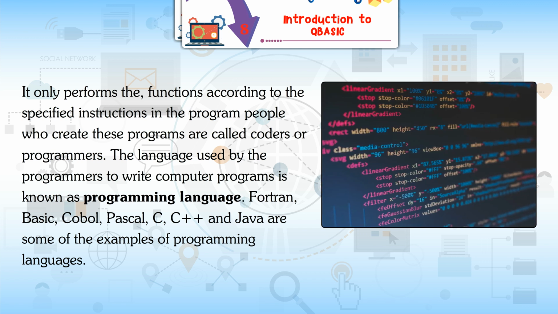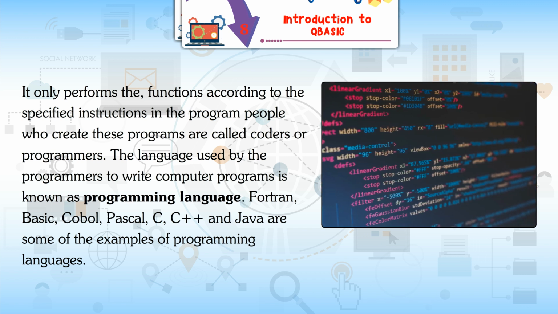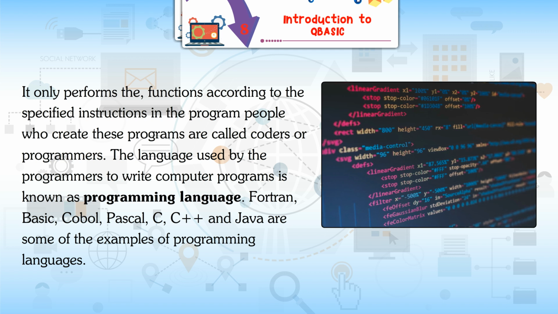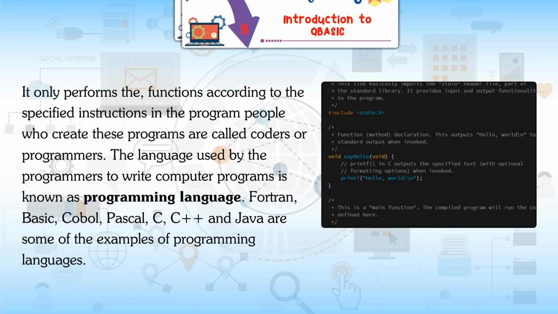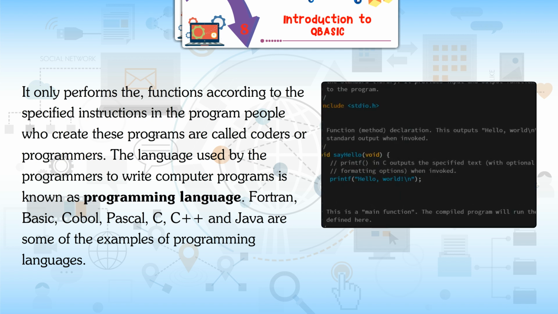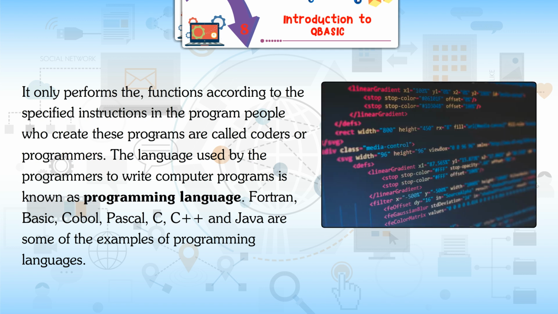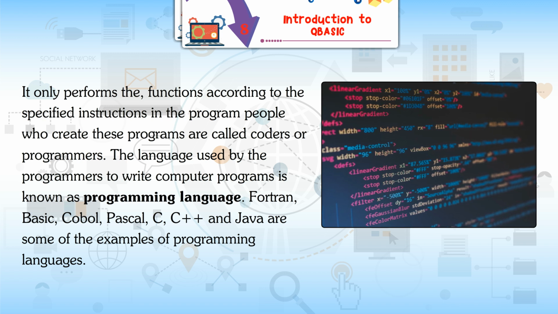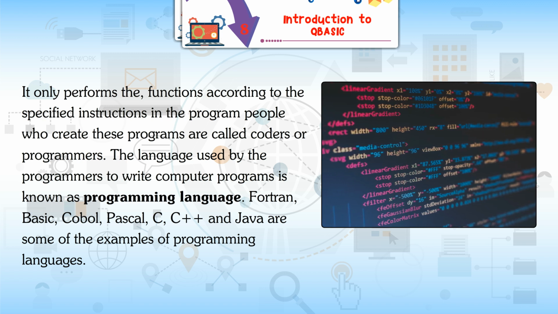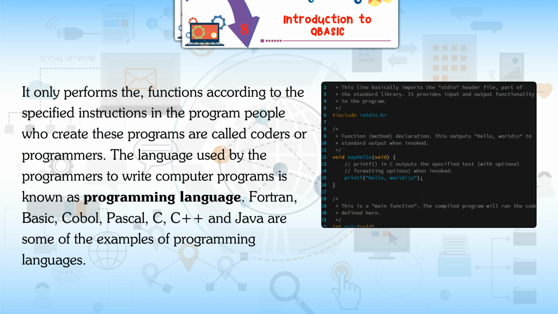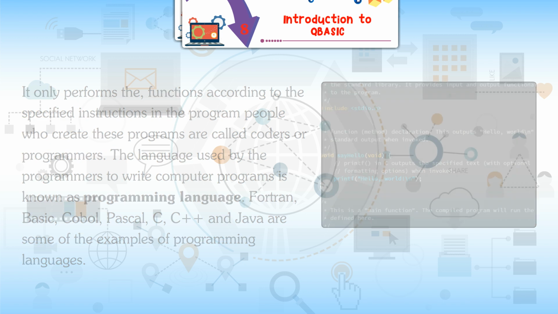People who create these programs are called coders or programmers. The language used by programmers to write computer programs is known as a programming language. Fortran, BASIC, COBOL, Pascal, C, C++, and Java are some examples of programming languages.